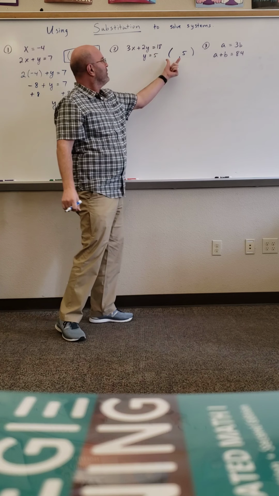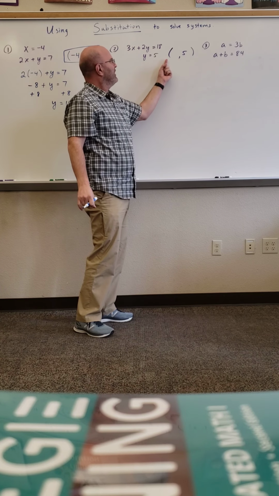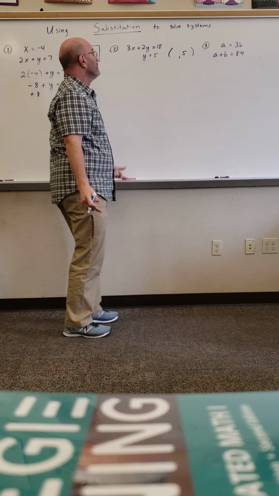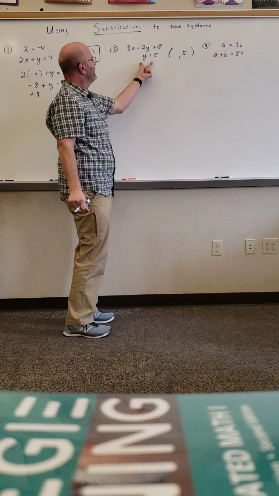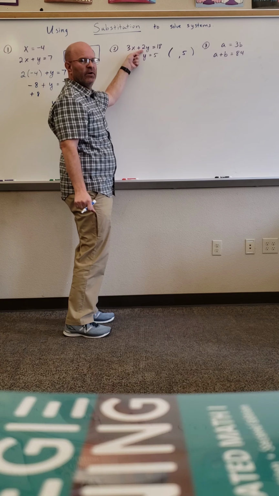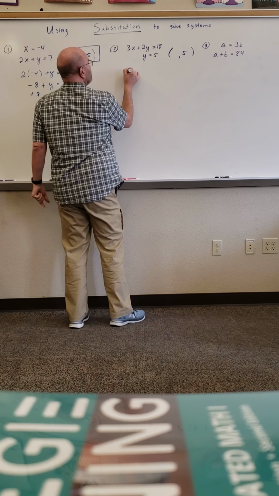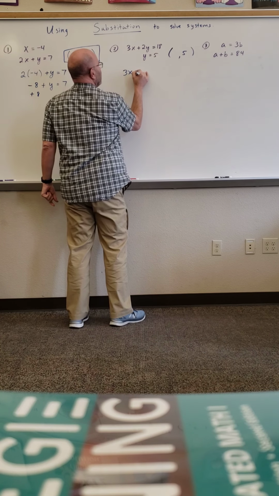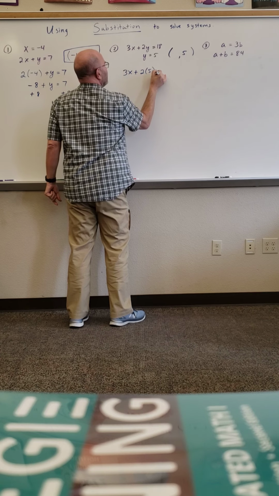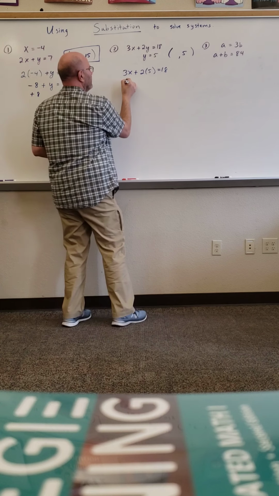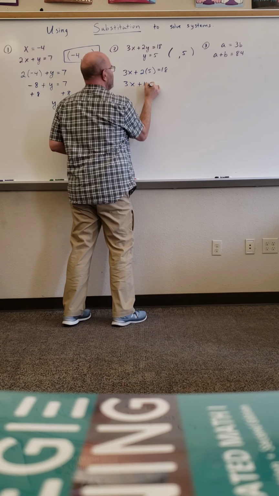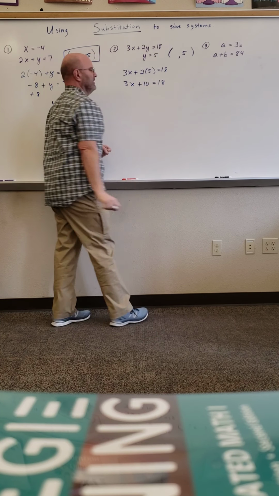They always go in alphabetical order, x then y. So now comes the substitution. I know that y is 5, so I'm taking this value and plugging it in for y in equation 1. Equation 1 becomes 3x plus 2 times 5 equals 18. Now we have 3x plus 10 equals 18.